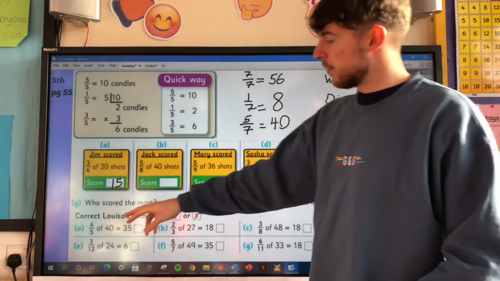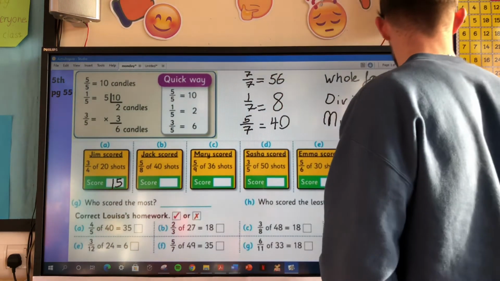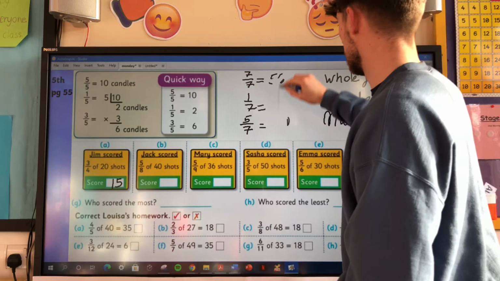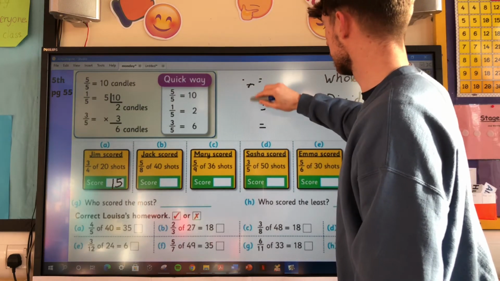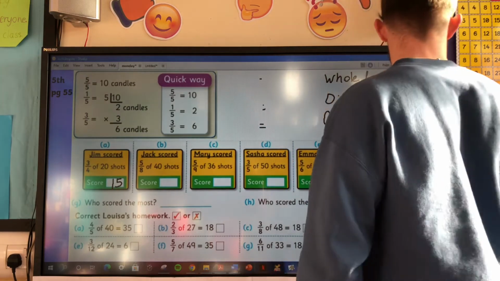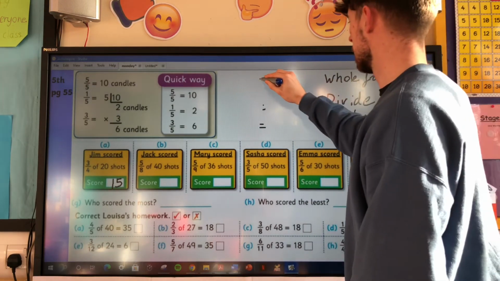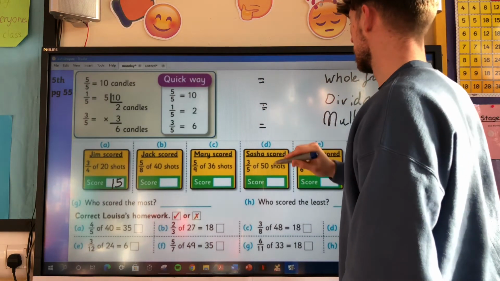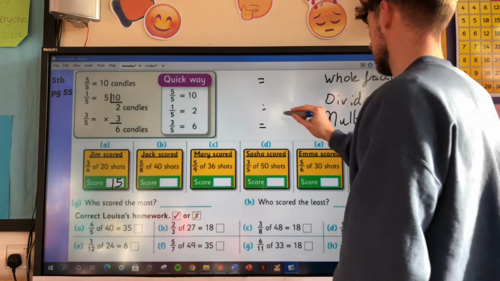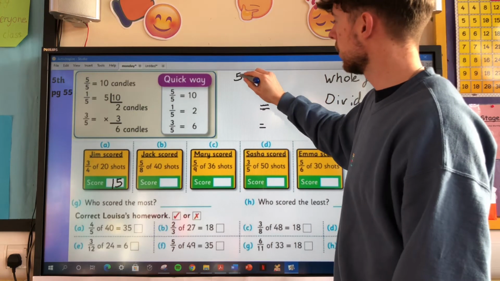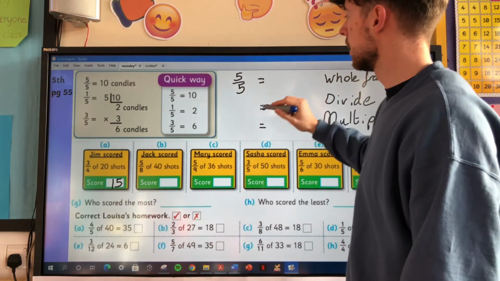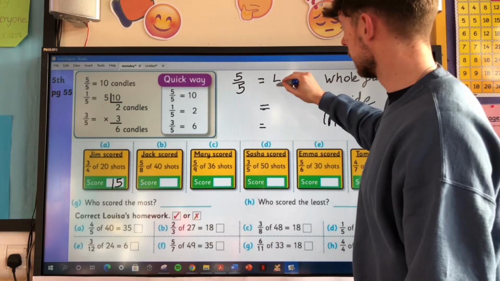So that would be 5/5. Okay, so we'll put it up here. So we'll get the whole fraction. So 5/5 is equal to 40.